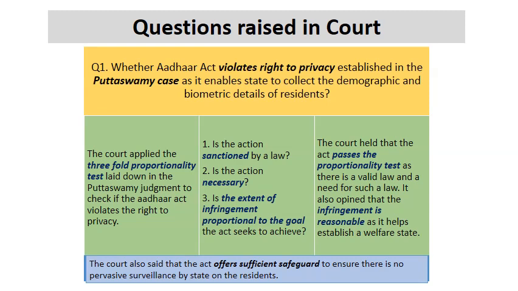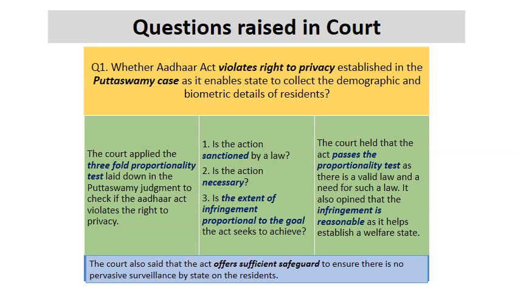Now, these restrictions can be due to reasons in the nature of public good, establishing a welfare state, national security, etc. The court gave a threefold proportionality test to establish if a law is within the reasonable restrictions imposed on the right to privacy.